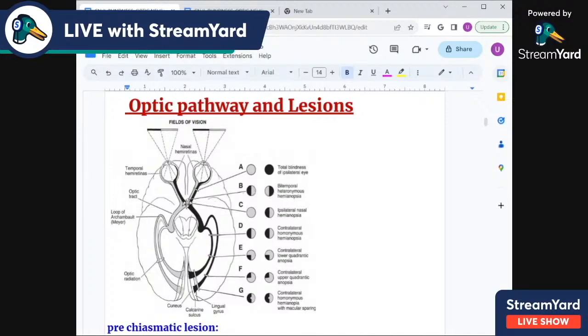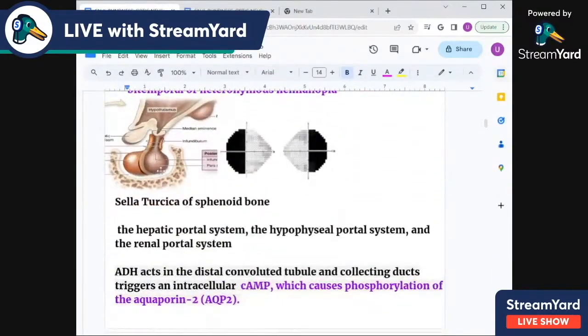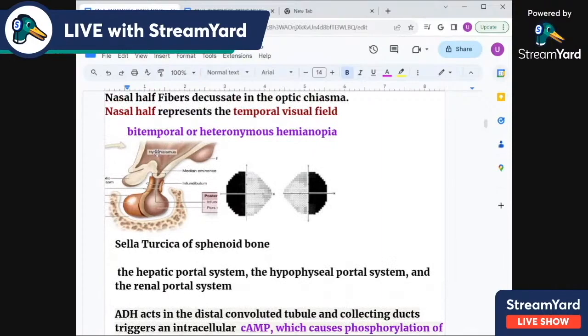So when does bitemporal hemianopia occur? Where is the optic chiasma anatomically? This is the pituitary gland, and it is in the sella turcica of the sphenoid bone. The optic chiasma is above the pituitary. The pituitary is connected by two connections to the hypothalamus above. Two tracts, one vascular and the other neural.